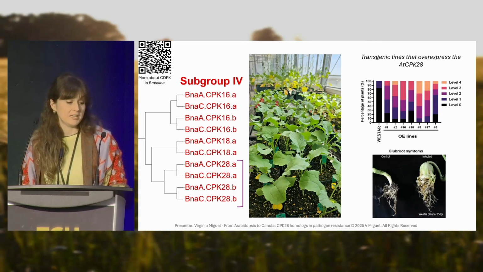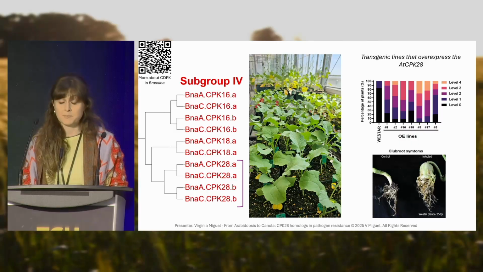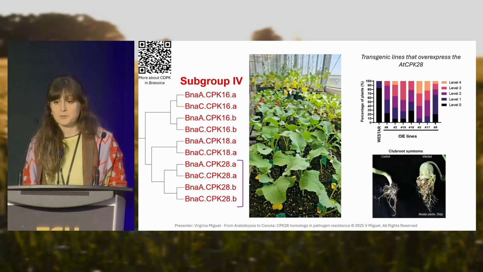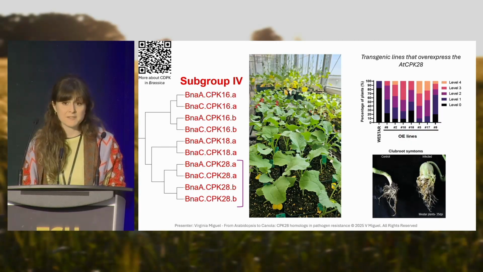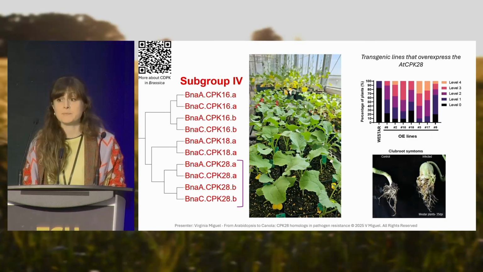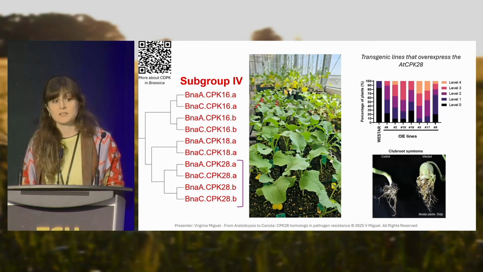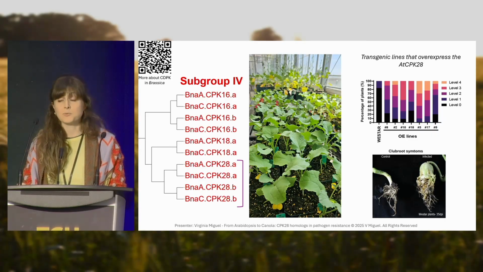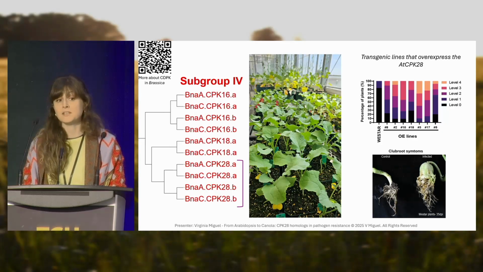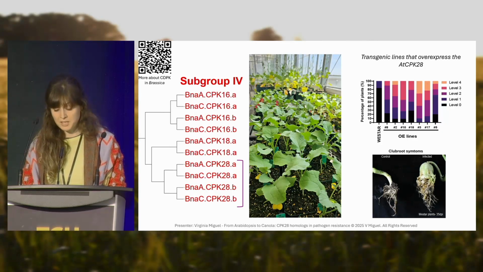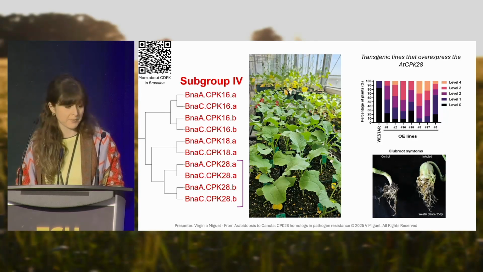Then in our early results, we also tested these plants for clubroot infection, and we found that the overexpressor plants are more susceptible to the disease. So together these results are telling us that we are working with a very good, strong candidate that can help us generate elite canola for the future.